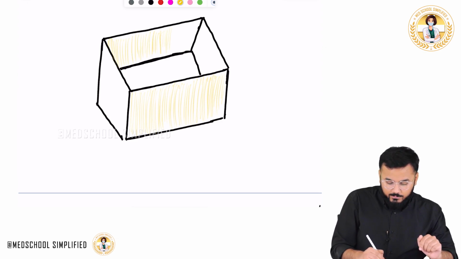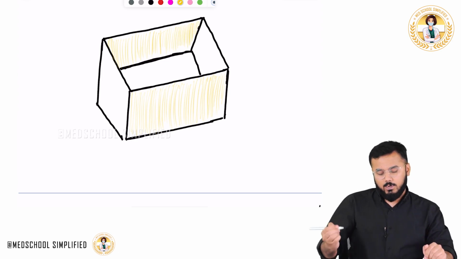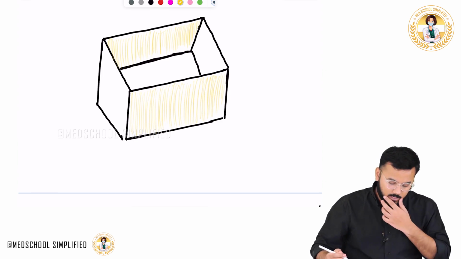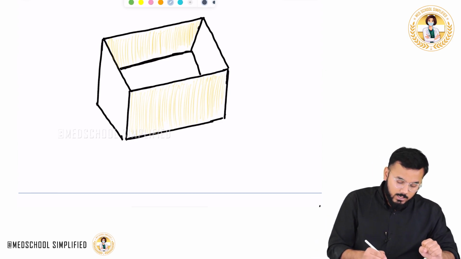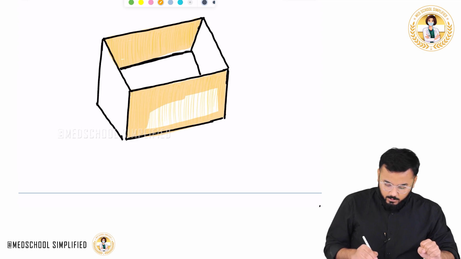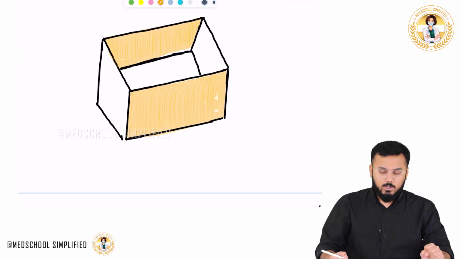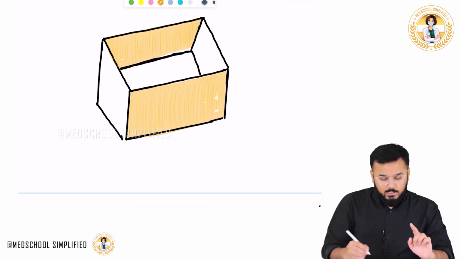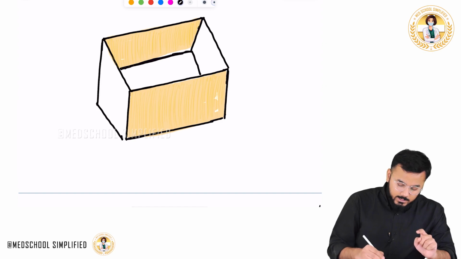The one on the left side is called the left lateral wall, and the one on the right side is called the right lateral wall.